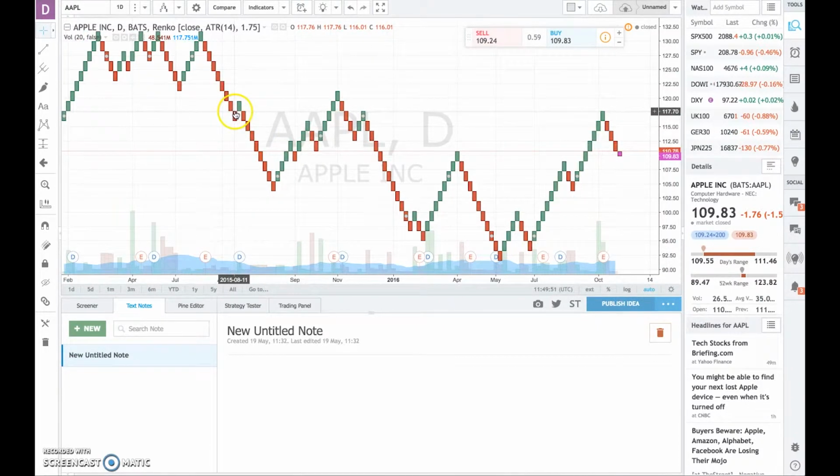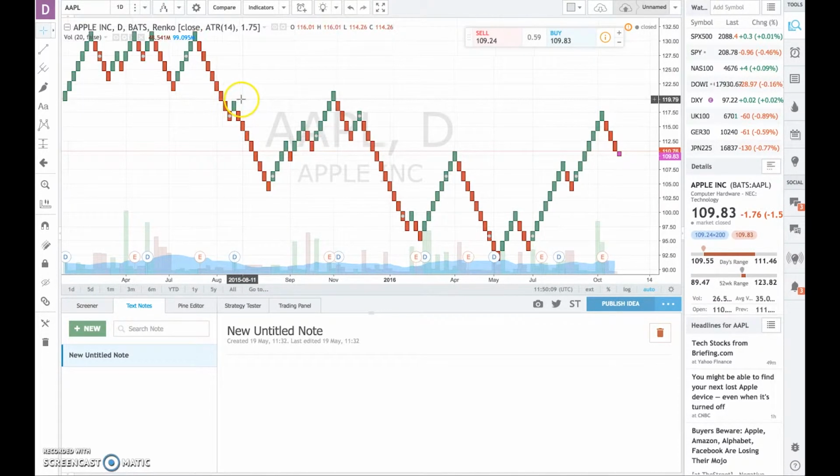As you can see here, Apple had a kind of steady downward trend, and every time it took a dip of $1.75, a new block was formed. A red block indicates obviously a downward movement. So another $1.75 down, another $1.75 down, another $1.79 down, but it came up another $1.75 and then continued its downward trend until it kind of bottomed out here and turned around.